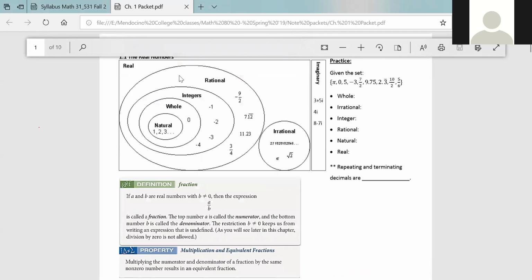And then I would make a special note in my notes that the rationals, what that means is that the decimals would repeat or terminate.